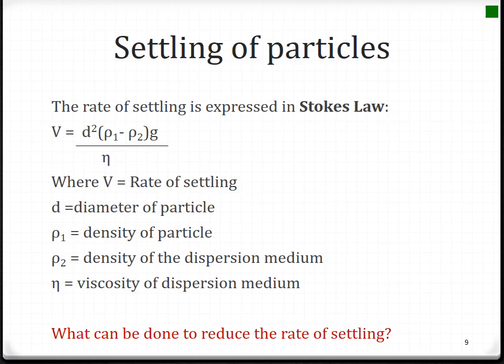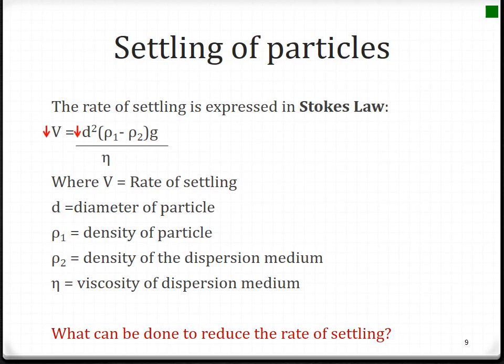The sedimentation rate of particles in a suspension is influenced by several factors. Stokes' law shows that the rate of settling is related to the diameter of the particles, the density of the particles and the medium, and the viscosity of the medium. Clearly, the greater the diameter of the particles, the faster the sedimentation rate.